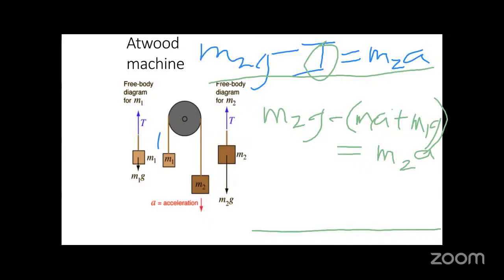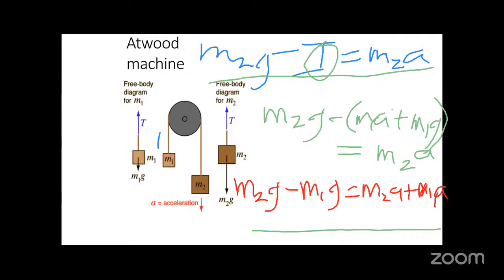That will give us M2G minus M1G is equal to M2A plus M1A.